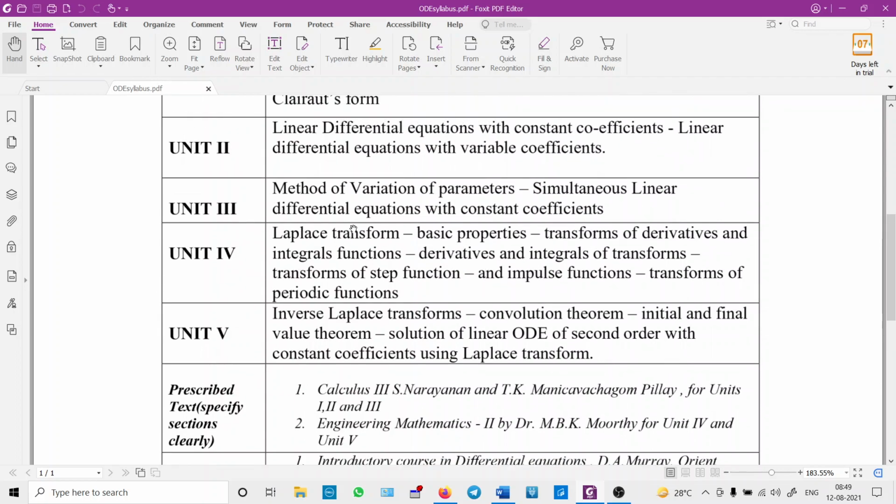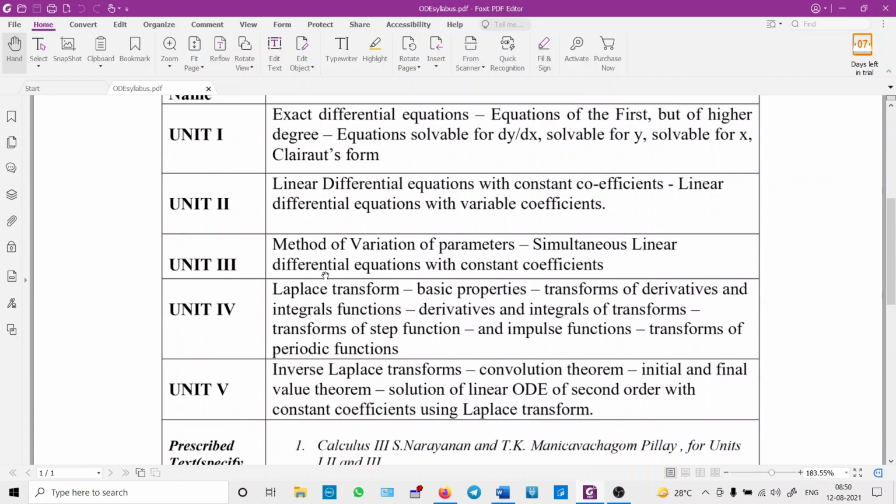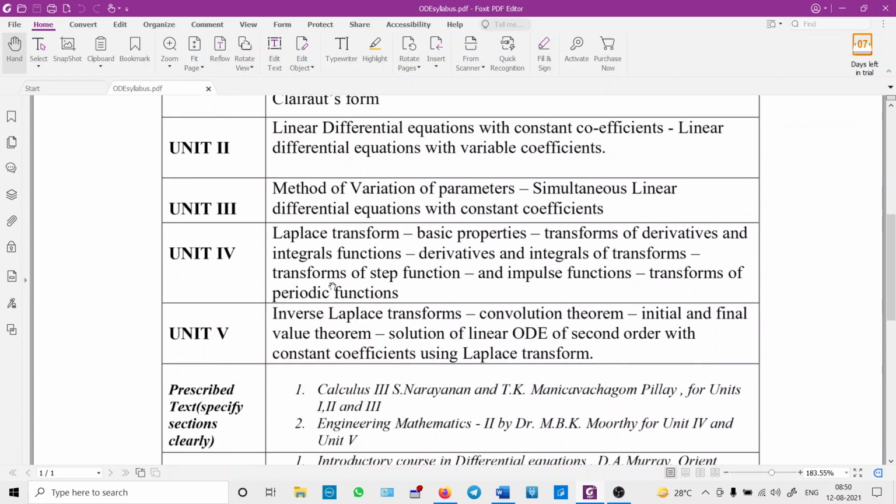The first 3 units are full of various methods of solving differential equations, and various differential equations we are going to discuss. In the 4th and 5th units, the chapter is called Laplace transforms. That is, we are going to study the Laplace transforms.